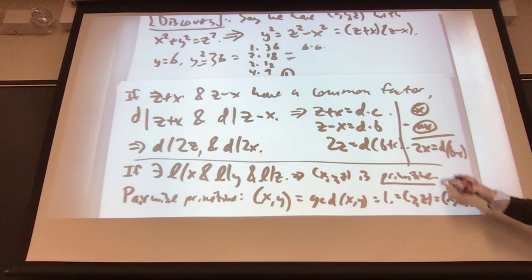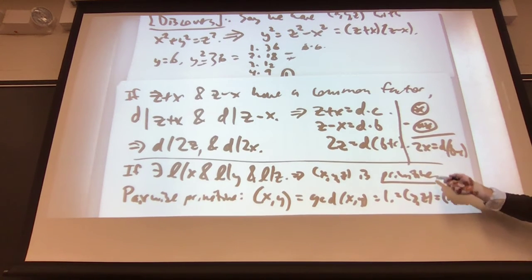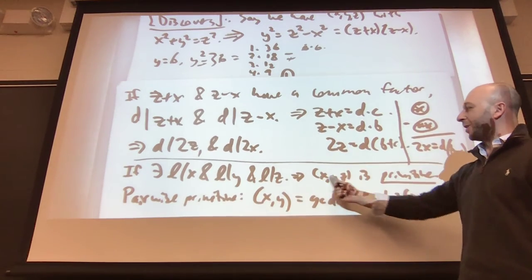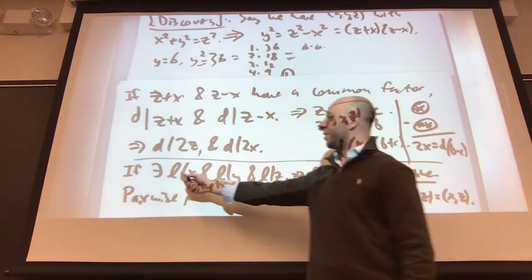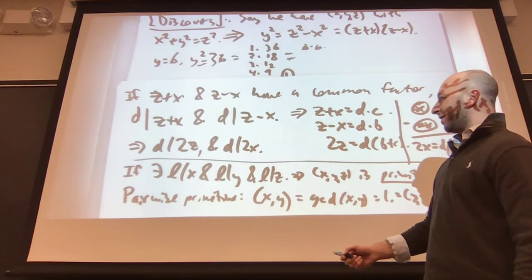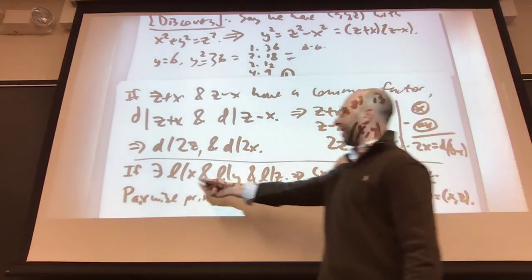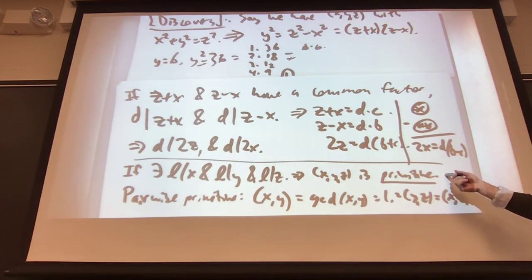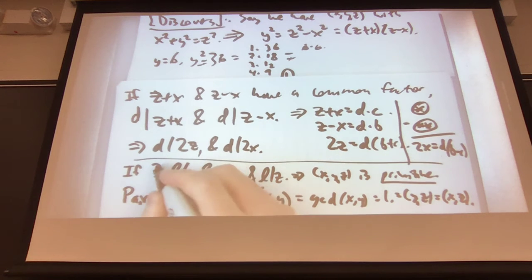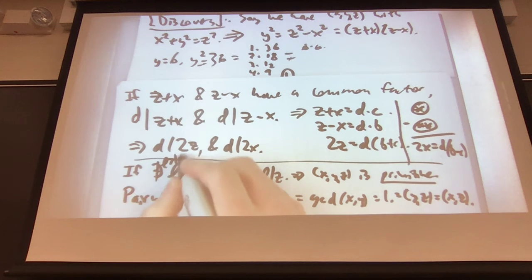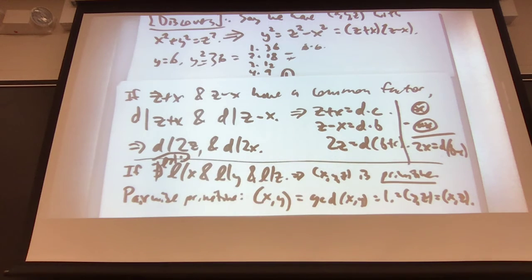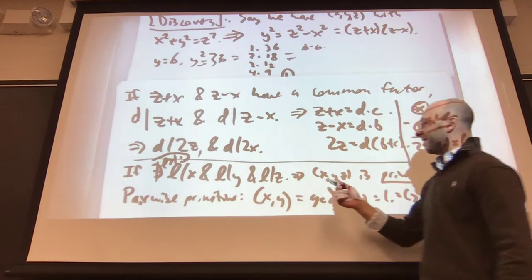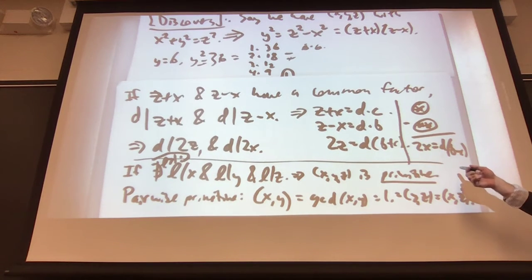Are these two the same thing? Is pairwise primitivity the same thing as this triplet x, y, z is primitive? This says if there does not exist an L greater than 1 that divides x and divides y and divides z, then this triplet is primitive.